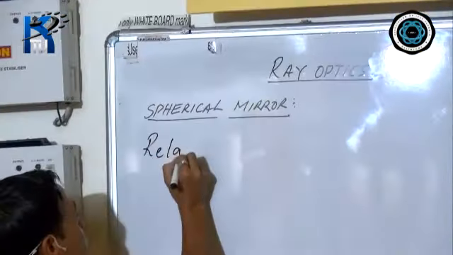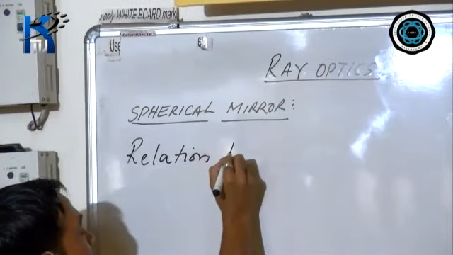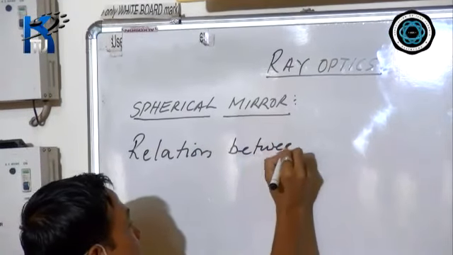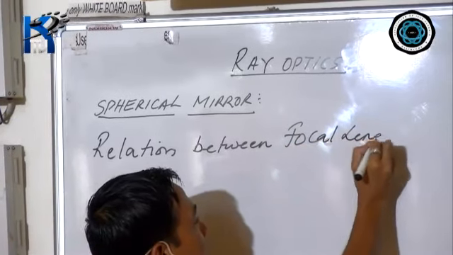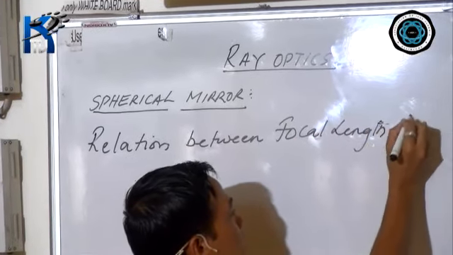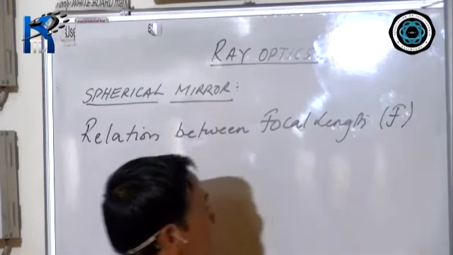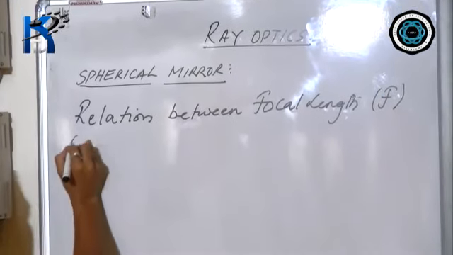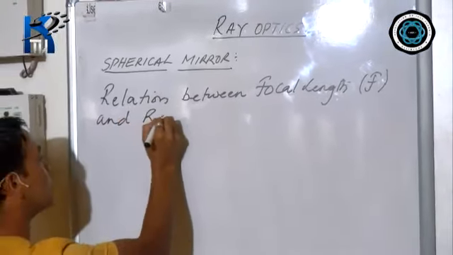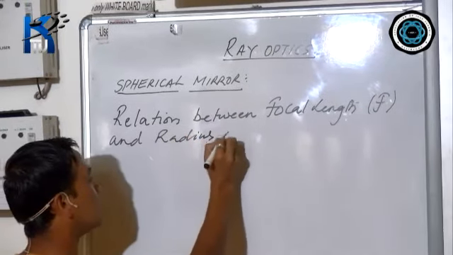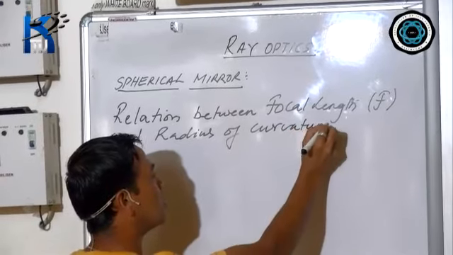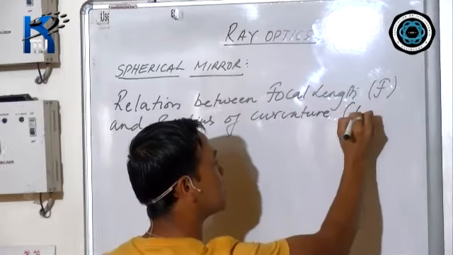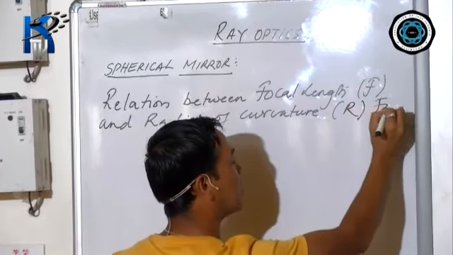So I'm going to derive a relation between focal length, which we usually mark by the symbol F, as we have done in the last class also, and radius of curvature, which is symbolized by capital letter R for any spherical mirror.